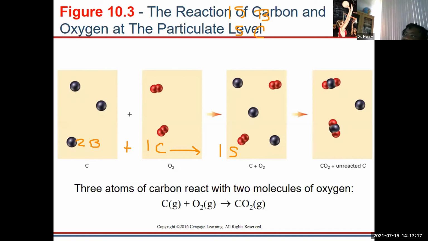Okay, so this is another example. Here we have 3 carbons and we have 2 oxygen molecules. If we're making carbon dioxide, how many carbon dioxides can we make?